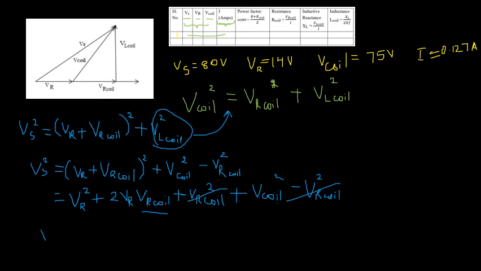So we can have the expression for VR coil as VR coil is equal to Vs square minus VR square minus V coil square, divided by 2 VR.